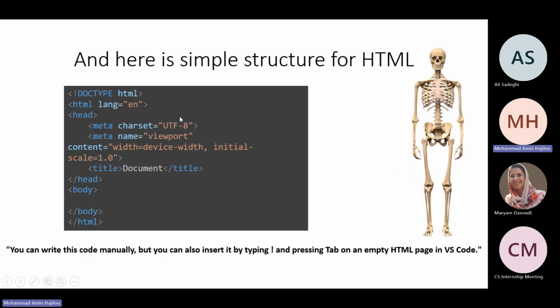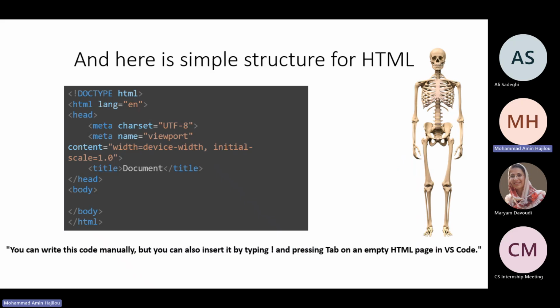The doctype html declares the document type and version of HTML, which is HTML5 in this case. The HTML tag and language attribute. The html, head and body tags are necessary for this structure, where we put our elements inside of them.